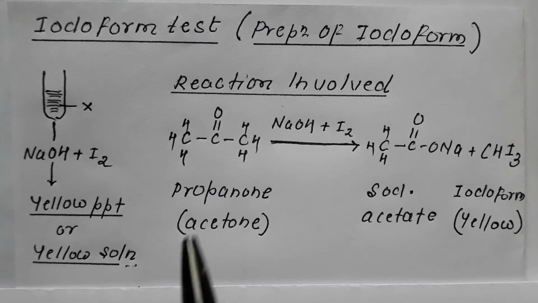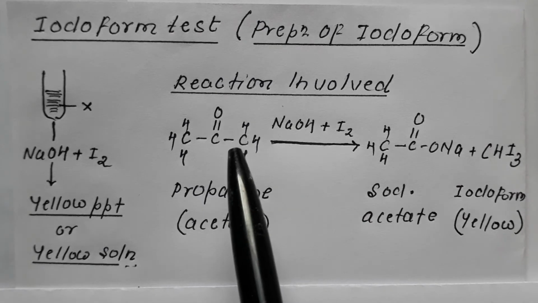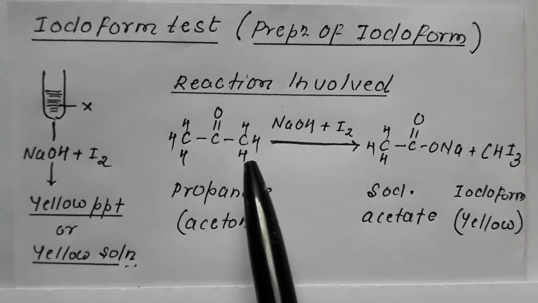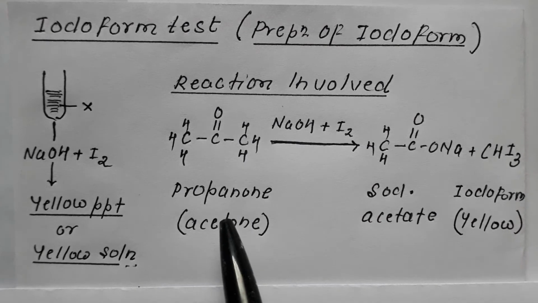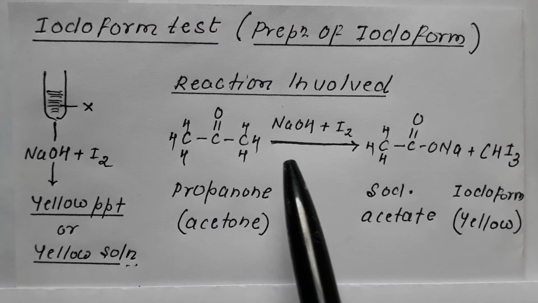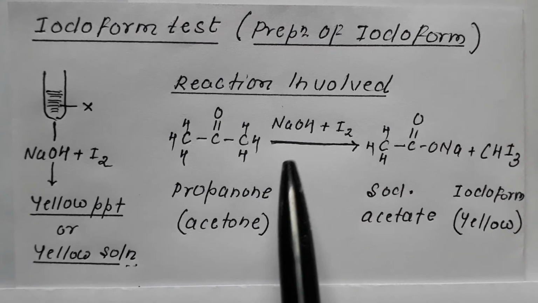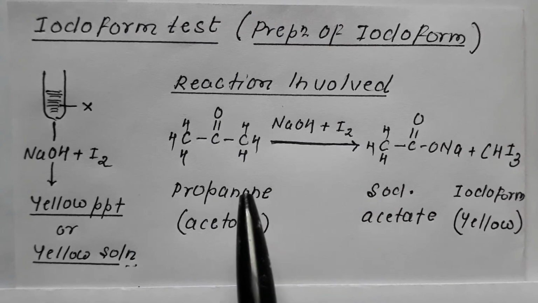Now the reaction involved in this test. Suppose I have taken CH3, C double bond O, CH3, this is propanone-2, that is acetone. What happens when it is made to react with the mixture of NaOH plus I2?